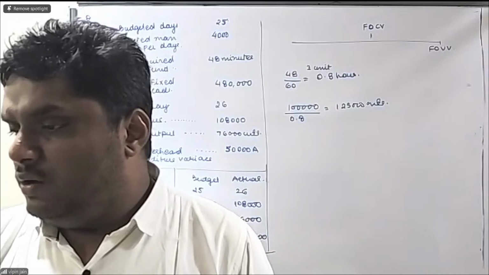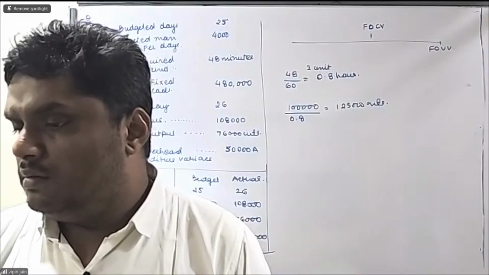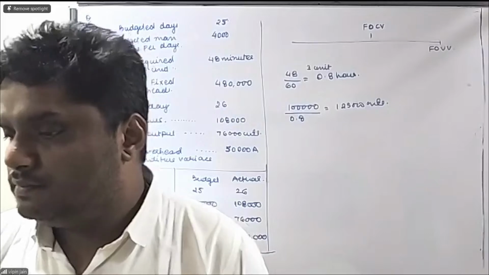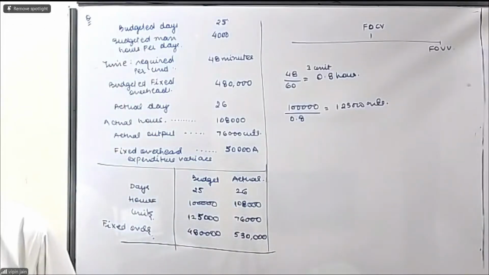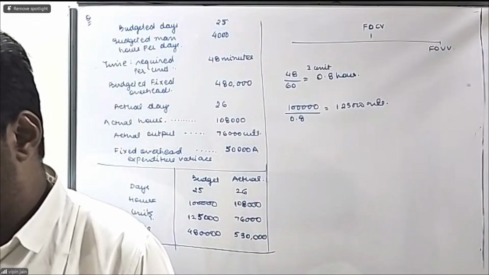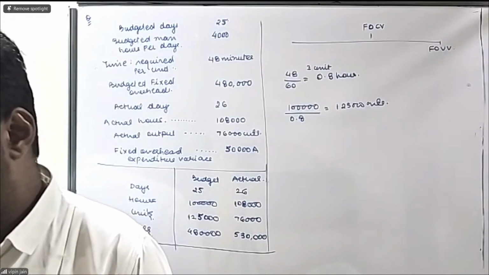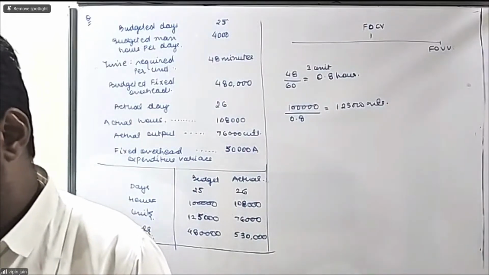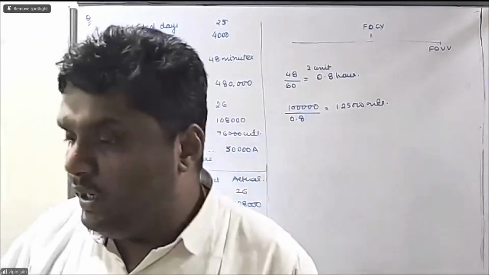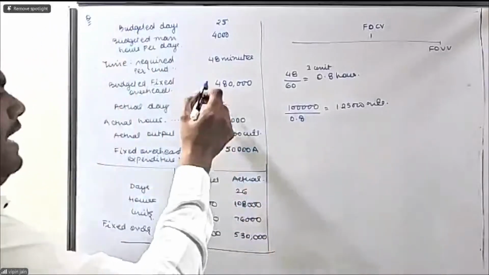Anyone else with any doubts or queries? It is not 180, it is 480. 4,80,000.